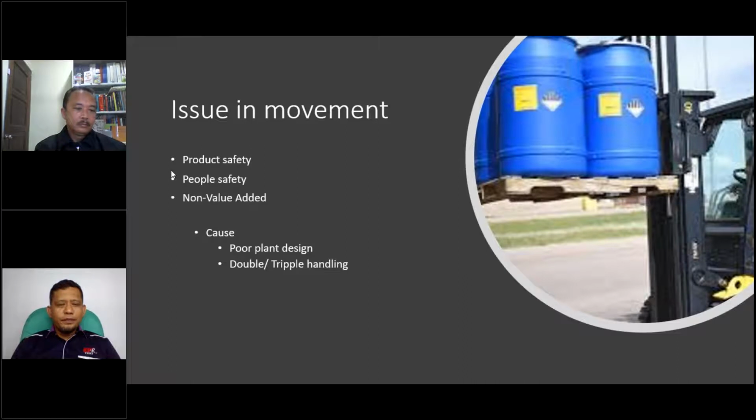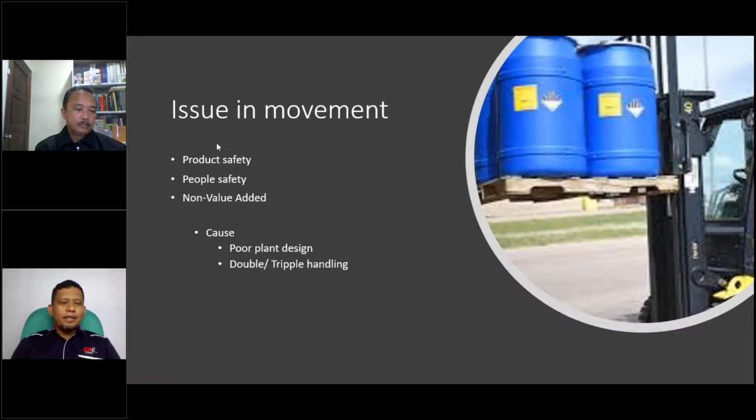The more movement of the product, the more potential of accidental release, spillage, or contact with humans, either inhale or splash. So the more movement, the more potential safety issues in the chemical plant.